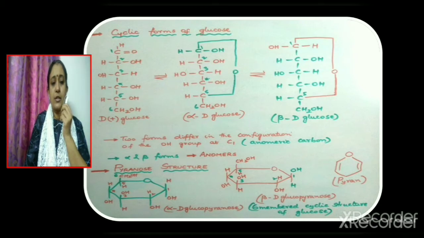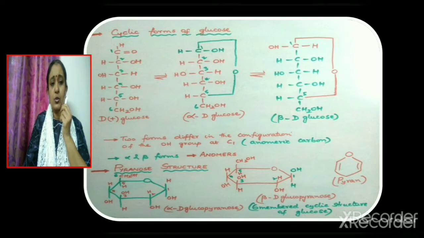Now to draw the structure of alpha D glucopyranose, we should start with alpha D glucose. Consider the first carbon. The first carbon has H and OH.